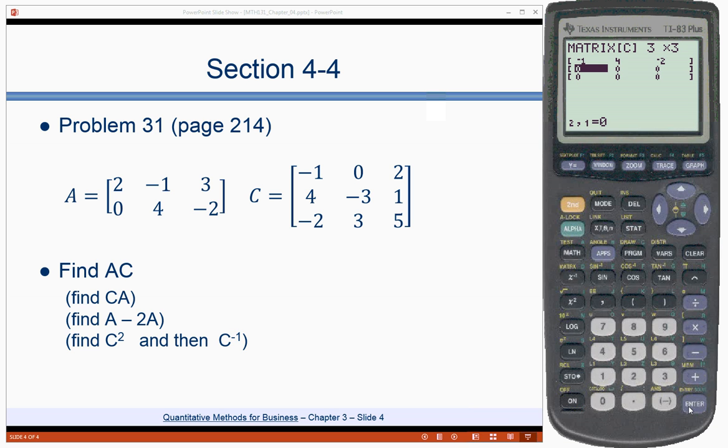Oops, sorry, I was going down the columns. -1, 0, 2, 4, -3, 1, and -2, 3, and 5. So I got that one in there.